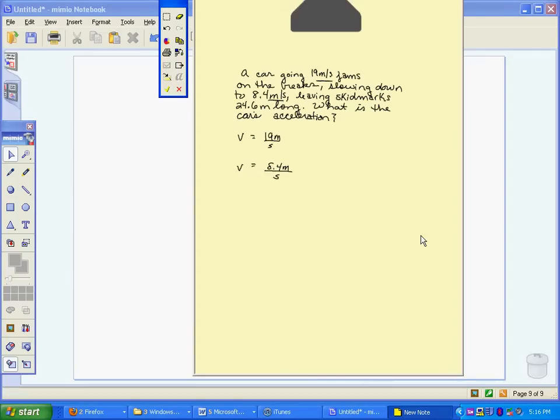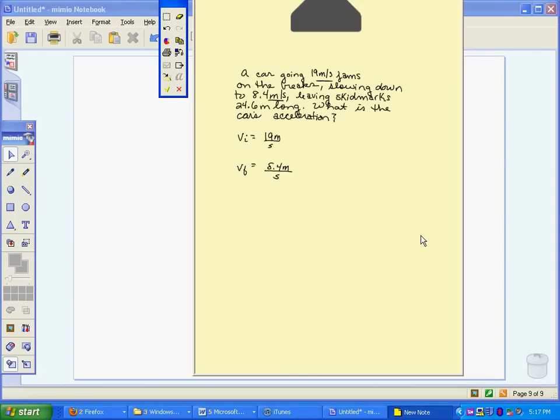We need to ask ourselves which one is initial and which one is final. So a car going 19 meters per second slows down to 8.4. So that means that the initial was 19 and the final was 8.4.